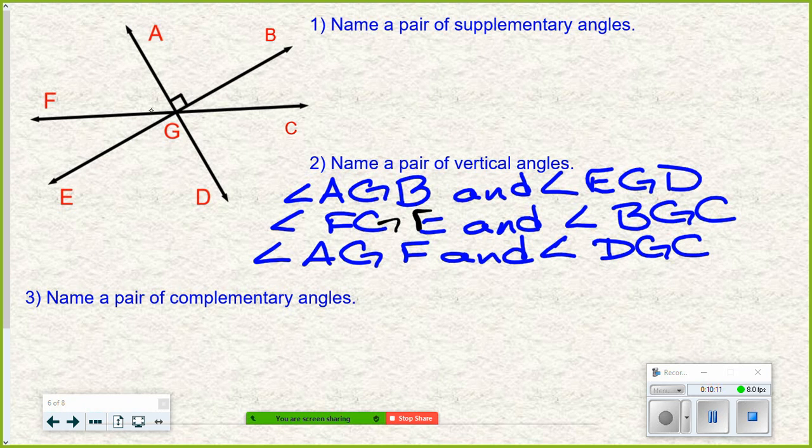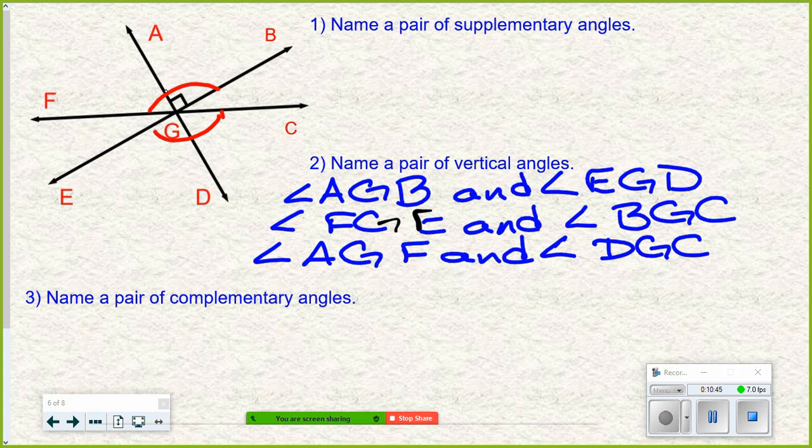She said FGB and EGC. So this is an angle, FGB. And people say, well, what about this line right here? Well, that line just cuts through that angle, but that's still an angle. An angle is the distance between two intersecting lines. These two lines intersect, and the distance between them is FGB.